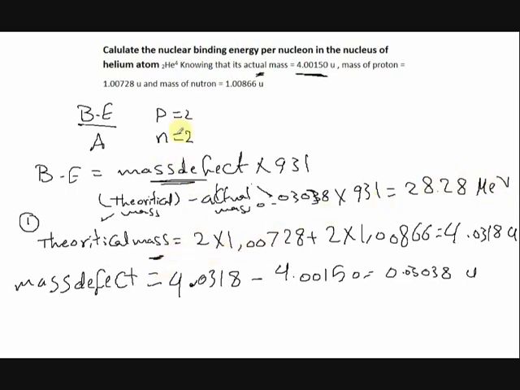So we need here to calculate the nuclear binding energy per nucleon. The nuclear binding energy per nucleon equals the total binding energy divided by the atomic mass number. The atomic mass number equals 4.